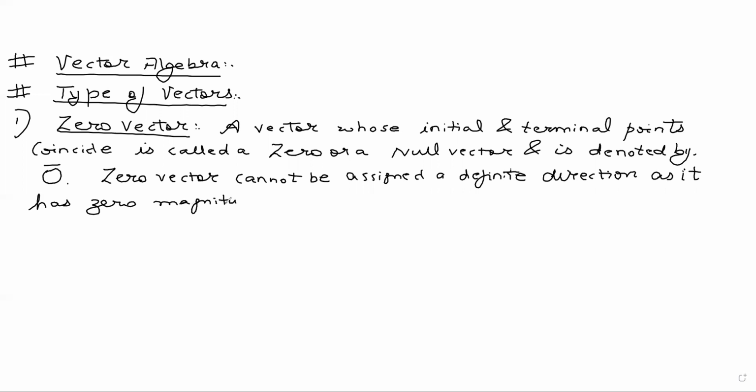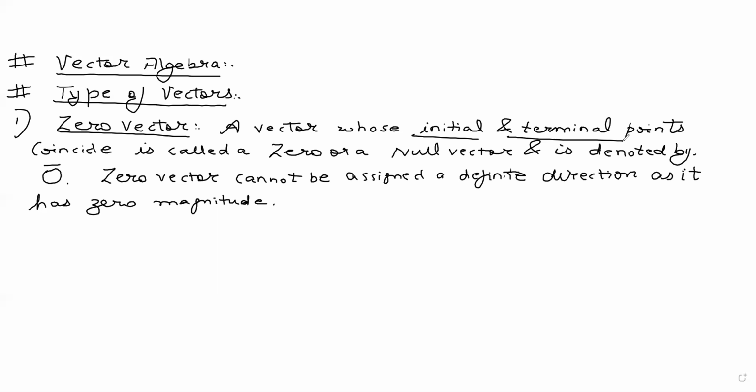You cannot assign any direction to the zero vector because clearly it has zero magnitude. The initial and the terminal points are the same. Since they are the same, the vector has no magnitude. Since the vector has no magnitude, you cannot assign any particular direction to that vector.